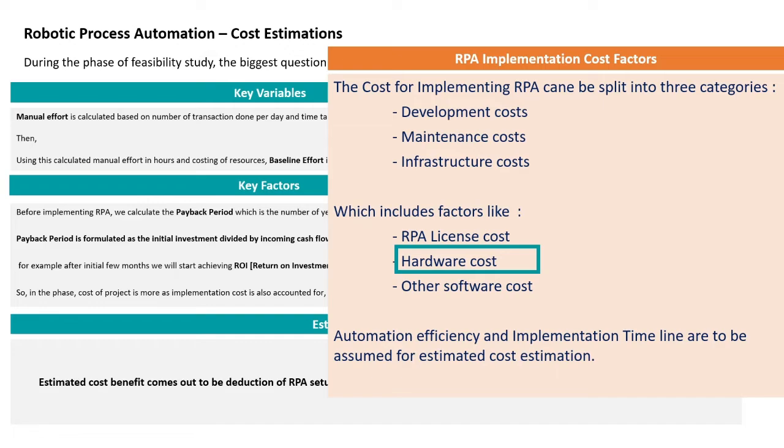Similarly, there might be another supporting software for which you have to buy the license, or you have to buy the software, so that cost. So all these costs contribute to the implementation cost factors.